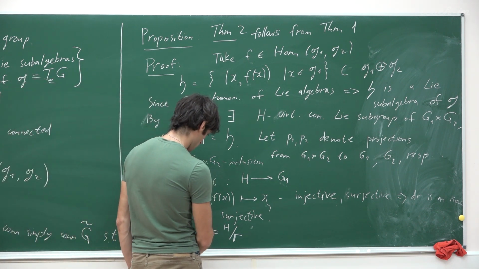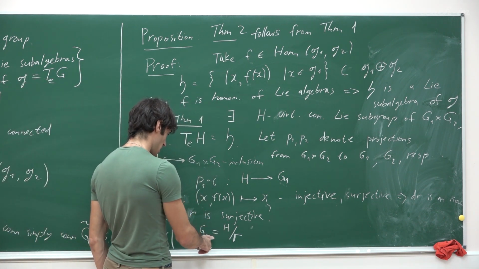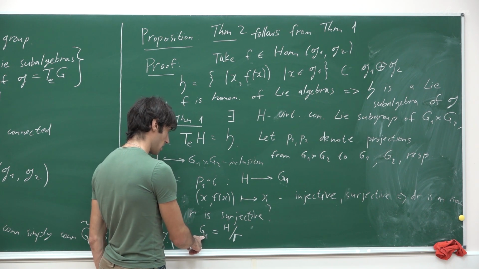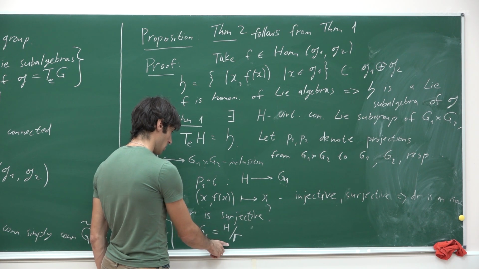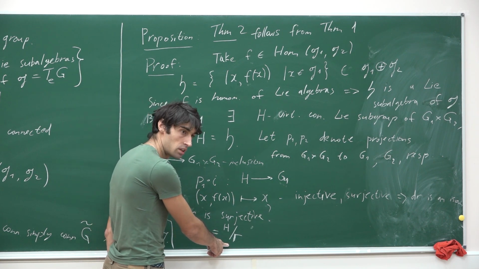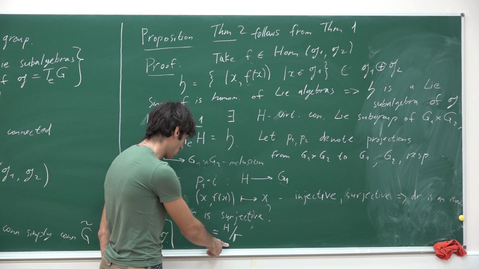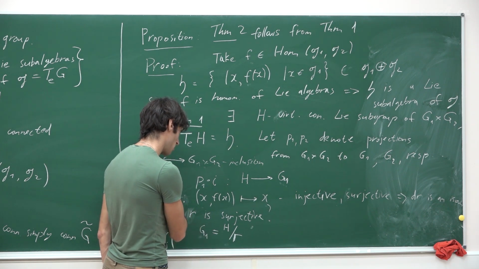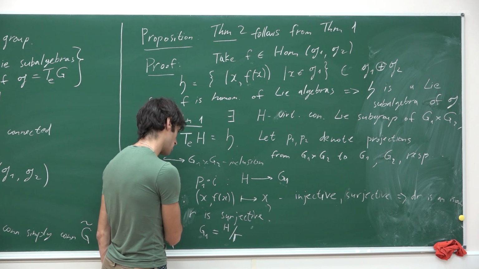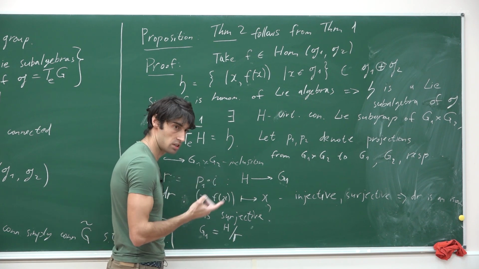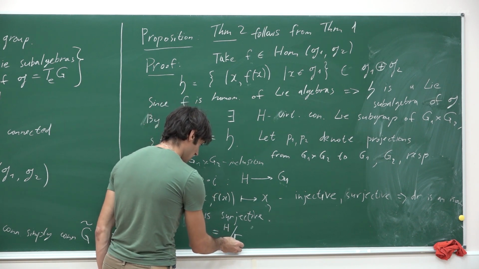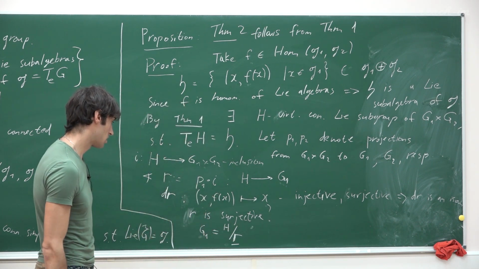If it's surjective, then by the homomorphism theorem, G1 is H over gamma, where gamma is the kernel of this, but dr is injective, so the kernel has dimension 0. Therefore this is a discrete subgroup of H.